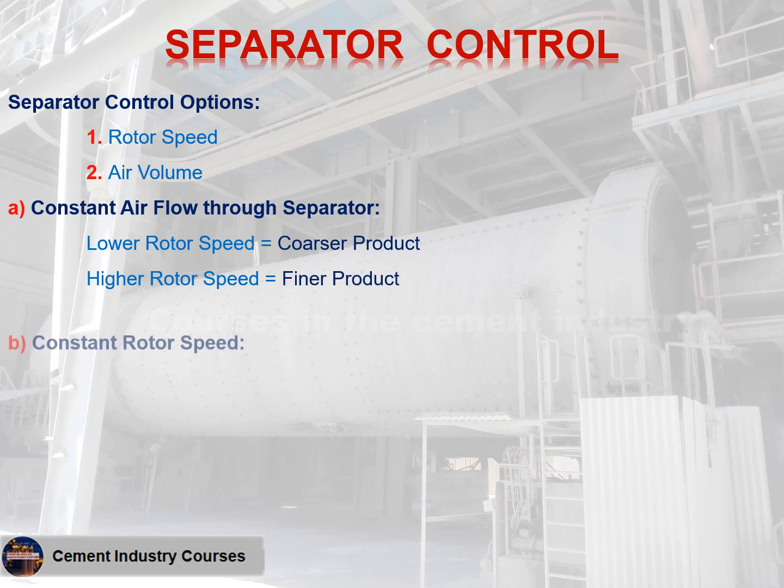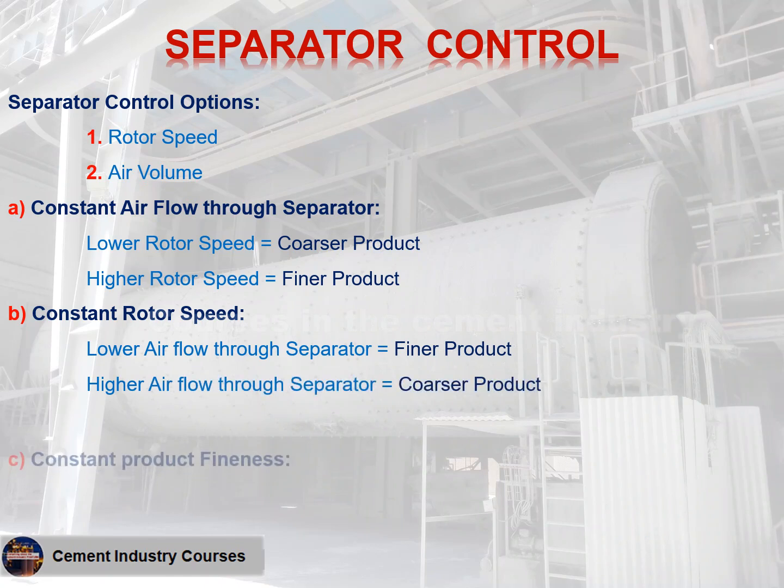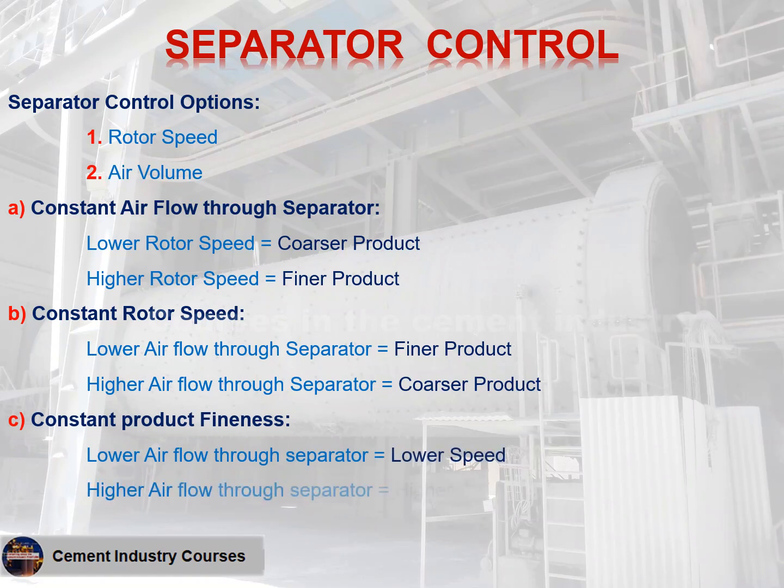B. Constant rotor speed. Lower air flow through separator equals finer product. Higher air flow through separator equals coarser product. C. Constant product fineness. Lower air flow through separator equals lower speed. Higher air flow through separator equals higher speed.